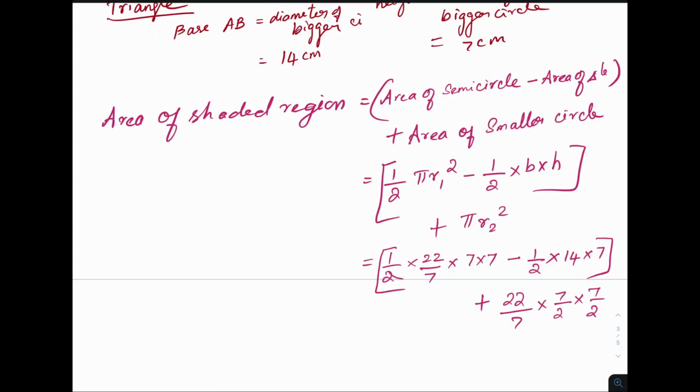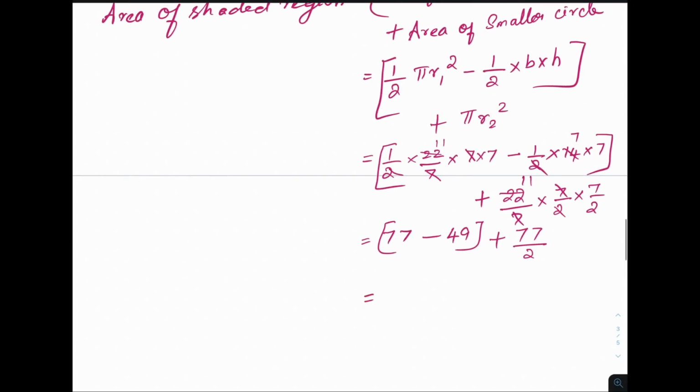Now we can cancel. So this will be 77 minus 49 plus 77 by 2. 77 minus 49 gives 28, plus 77 by 2.